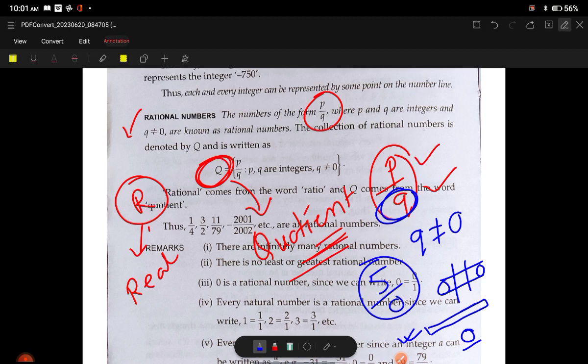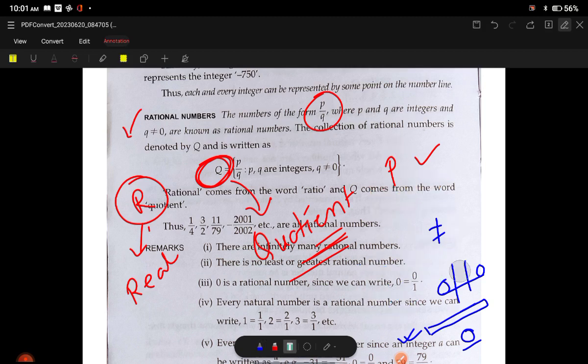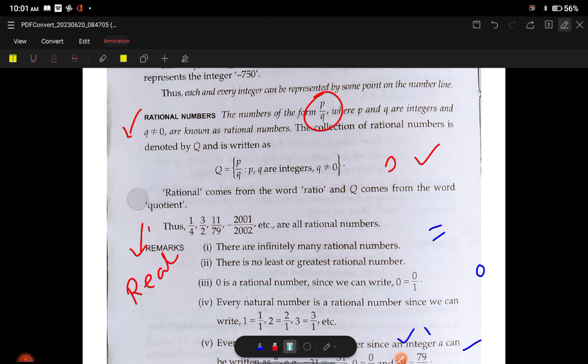So a rational number is any fractional number, and it may be positive or negative. Mind it, each fraction is rational, but each rational is not a fraction, because a rational number can be negative, while a fraction cannot be negative.